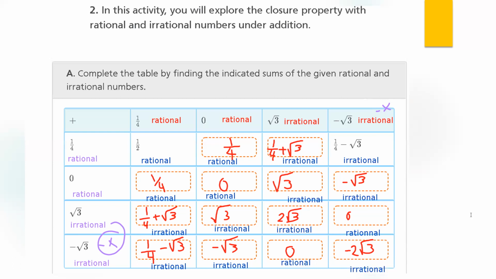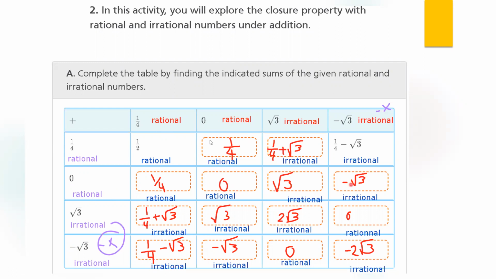Now, let's summarize what we said. One of the questions I want to ask you: if you add rational with rational, what will the answer be? Rational. So the summation of two rational numbers is always a rational number.